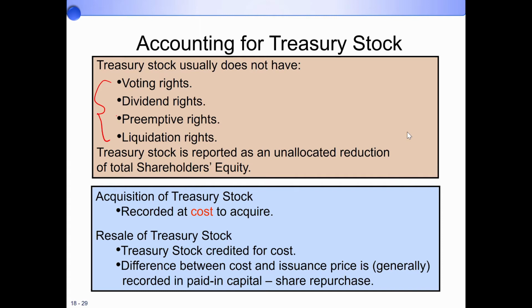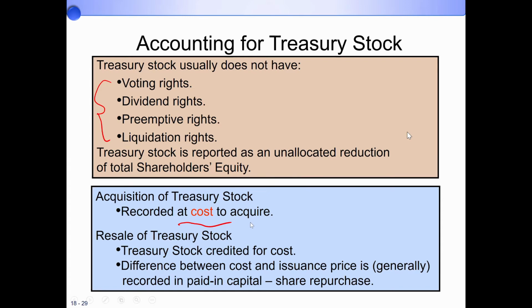Treasury stock is a contra shareholders' equity account. When we purchase treasury stock, we record it at cost. And then when we resell it, treasury stock is going to decrease, and we receive the cash.